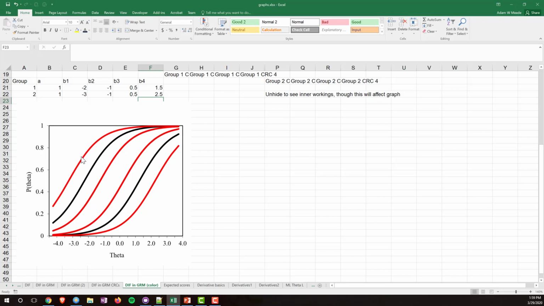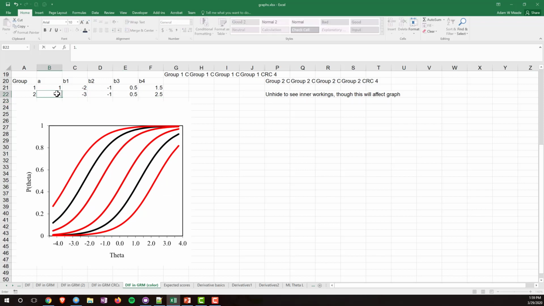So in this case, the red group obviously needs less theta to move from a 1 to a 2, and also needs more theta to move from a 4 to a 5. So you would expect a little more central tendency in the red group, whereas in the black group you would see less central tendency than the red group.